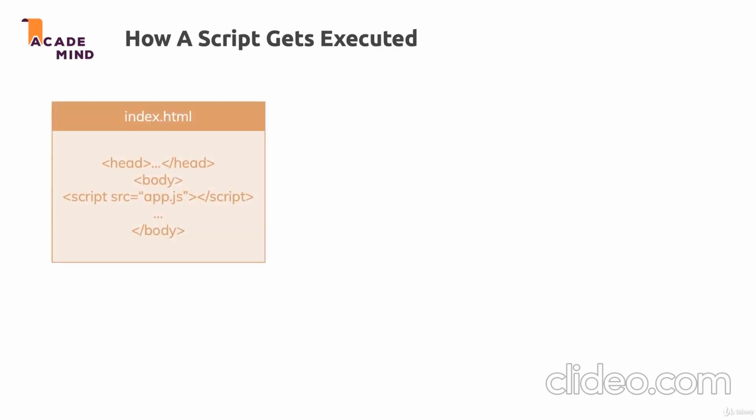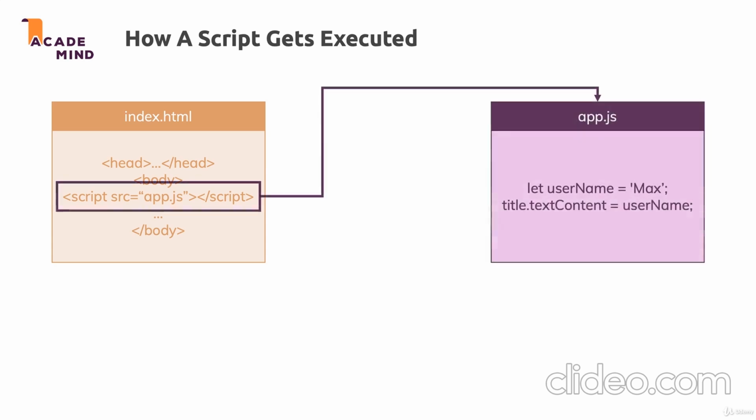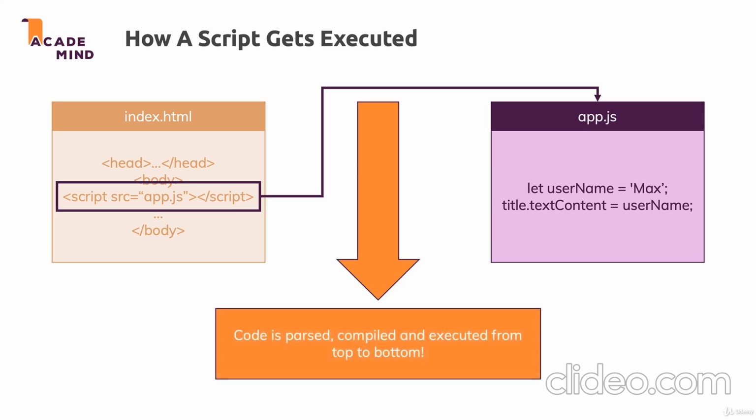Your JavaScript code gets executed from top to bottom. Actually, your HTML file gets parsed from top to bottom by the browser. And if you then import some JavaScript in there, well, that file gets evaluated and executed by the browser. And the code in there also gets executed from top to bottom. And that's default JavaScript behavior.